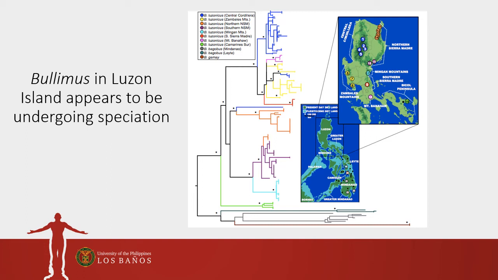For this study, they used 16 craniodental features for Bulimus luzonicus from various populations. And then this maximum likelihood phylogeny analyzed 192 Bulimus specimens based on 1,143 base pairs from 23 study areas, mostly from Luzon, but it also includes those populations from Mindanao.